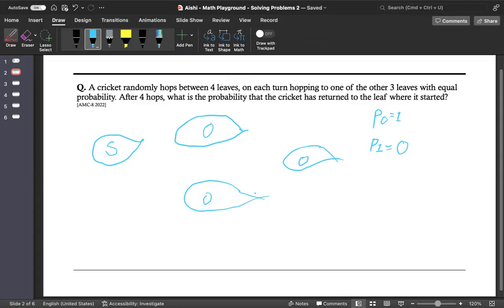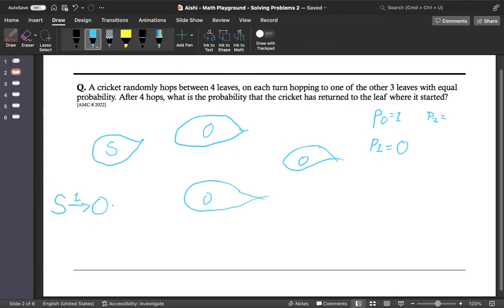So now for probability that in two hops it's going to come back, we're going to draw some things out. So if it goes from S to O, the probability is 1 because it can't go from S to S because there's no other starting leaf. And then we want it to be back in two hops, right?